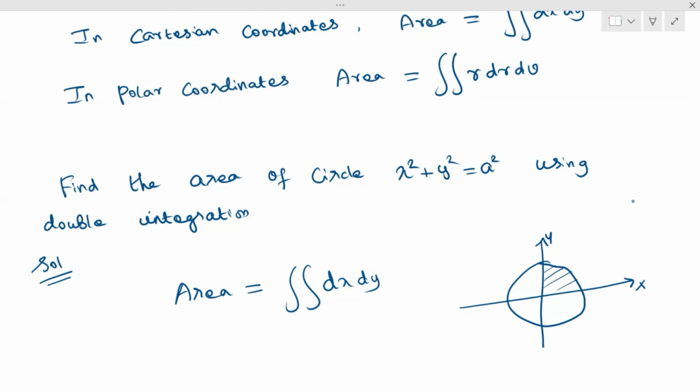That's why we multiply by 4. In the first quadrant there is no negative, so the lower limit is 0, which is easy to integrate.